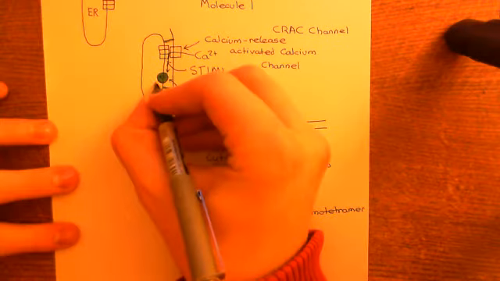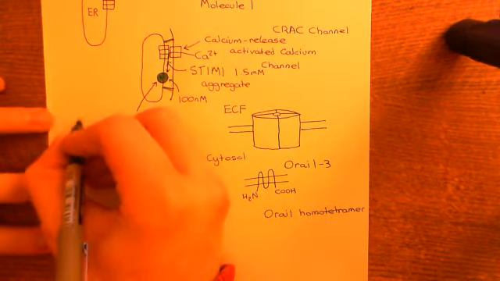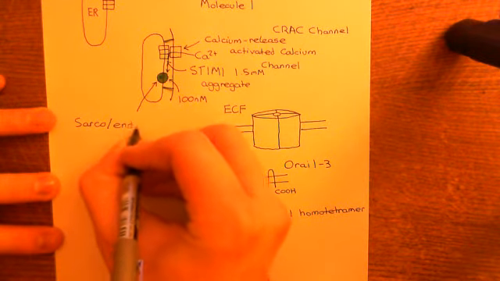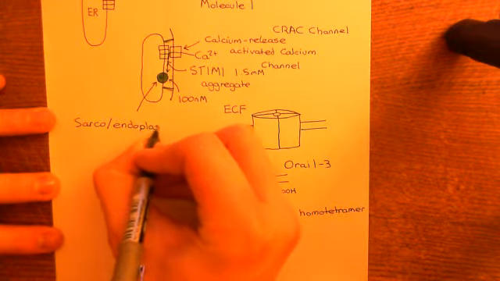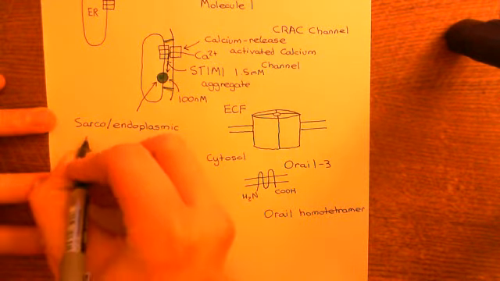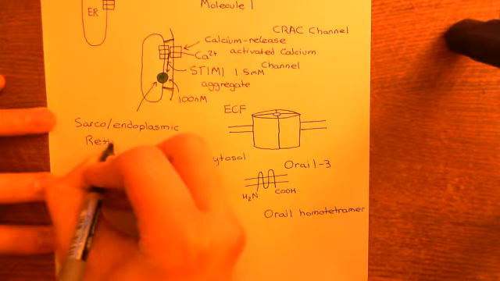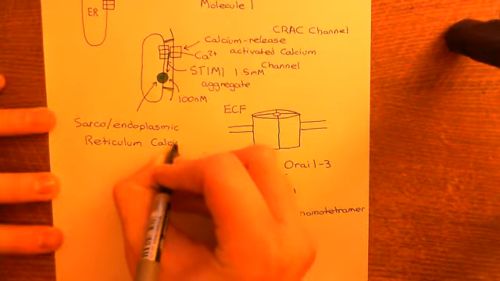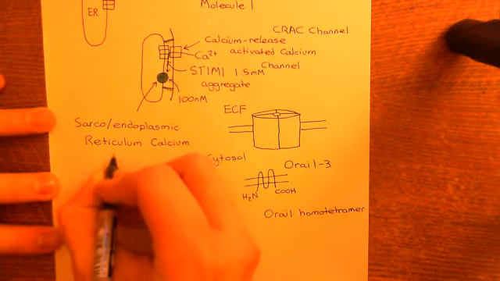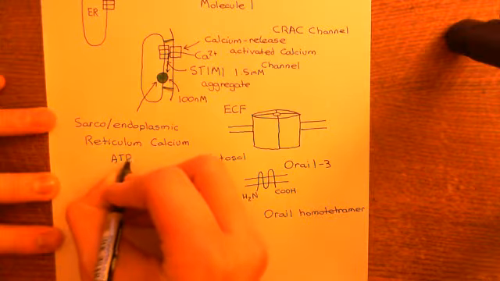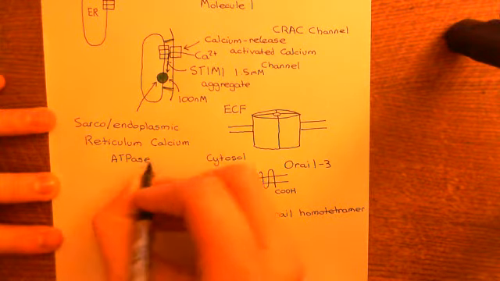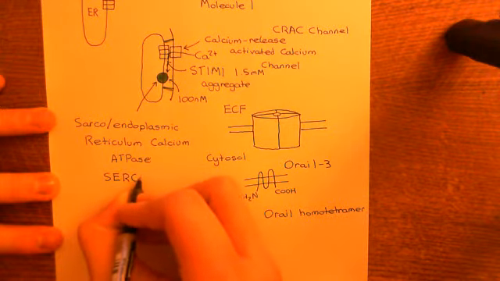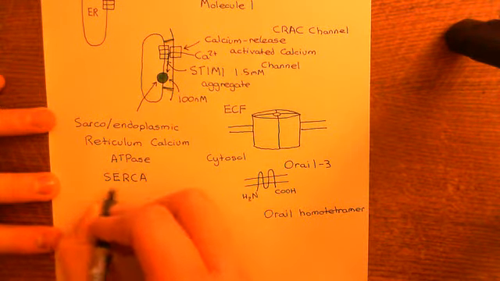So this is called the sarco/endoplasmic reticulum calcium ATPase, and for short, it is abbreviated to SERCA. So the S is for sarco, the E is for endoplasmic, the R is for reticulum, the C is for calcium, and the A is for ATPase, so the SERCA.